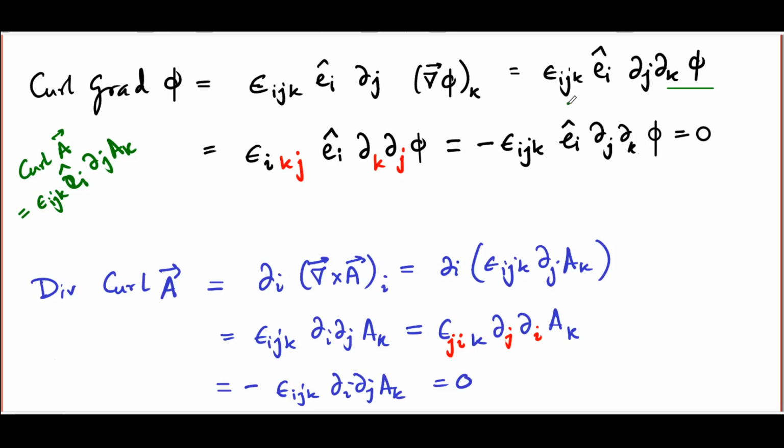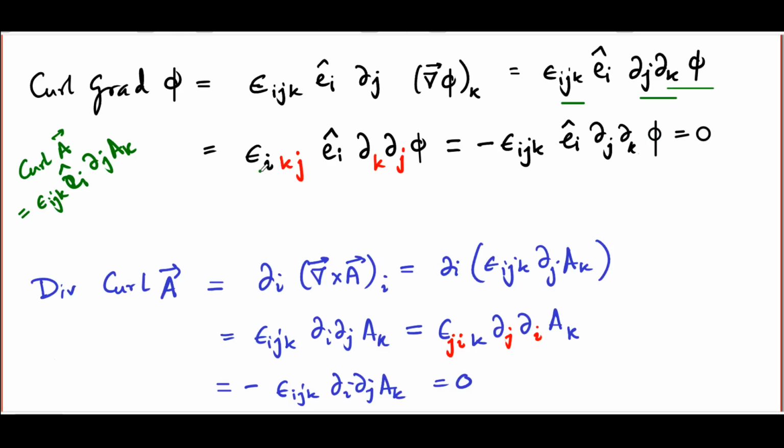Now what I am going to do is make use of the fact that all three of the indices here, i, j and k are dummy indices and can be renamed at will. In particular, you can name these two indices whatever you wanted, including just interchanging their names.